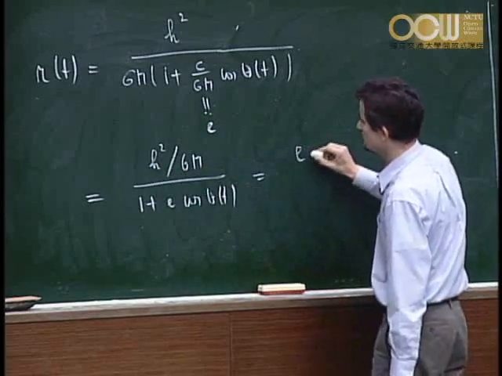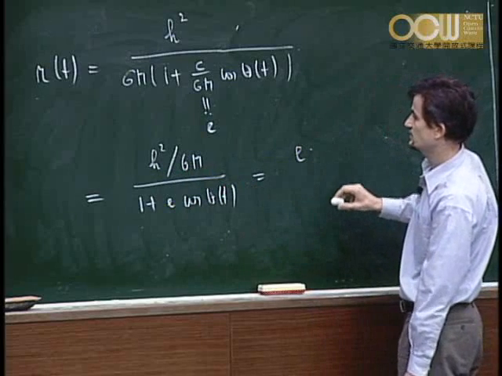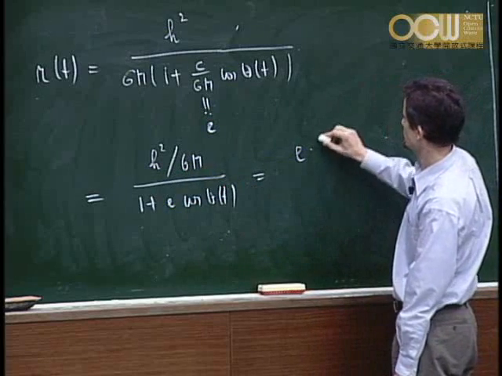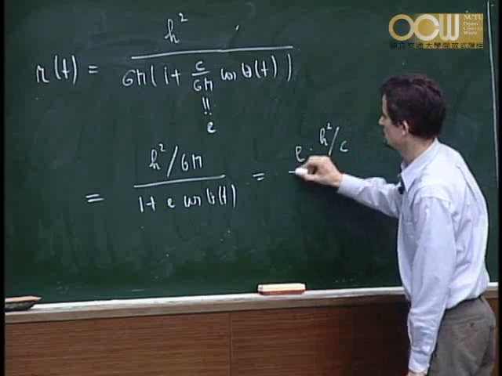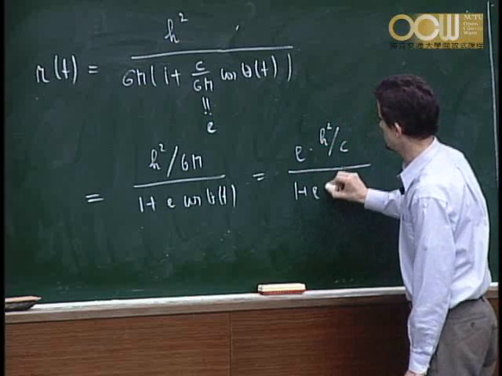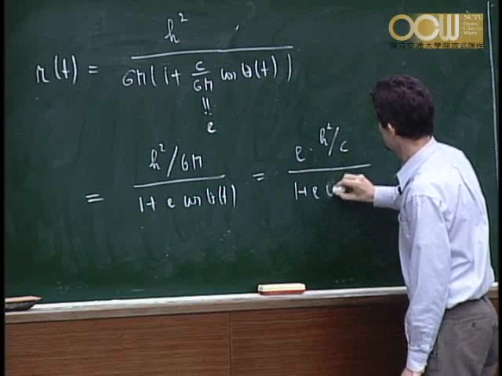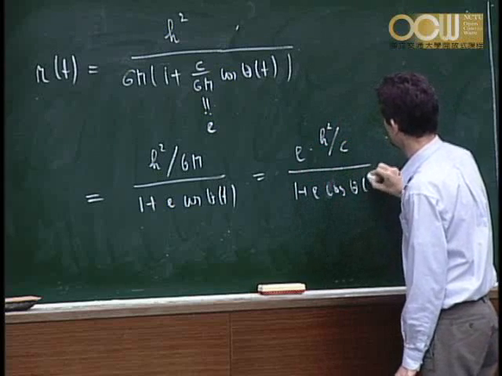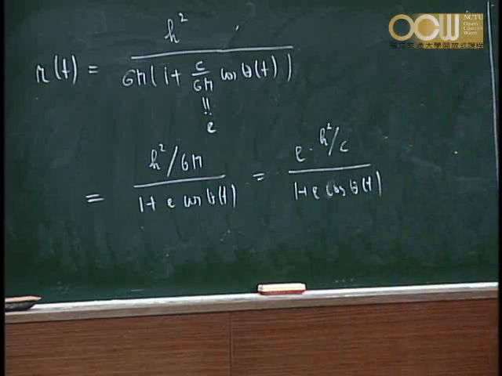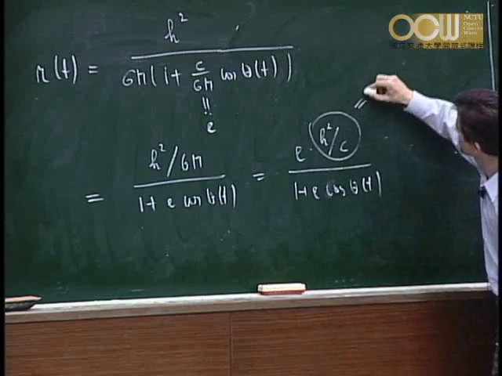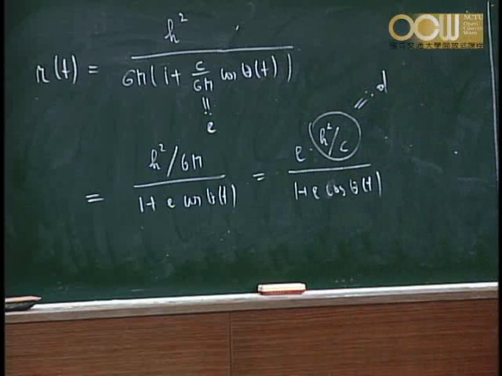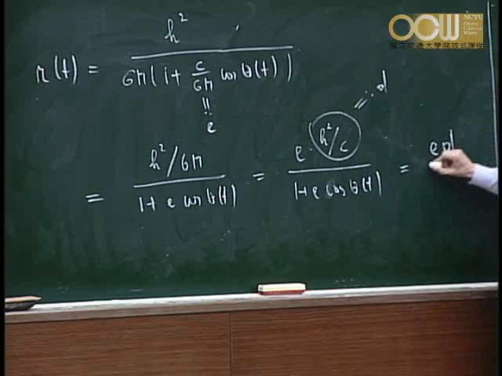So I have E times, and the rest is h squared over c, over 1 plus E cosine of theta of t. And this here I call D. So what I end up with is E D over 1 plus E cosine of theta of t.